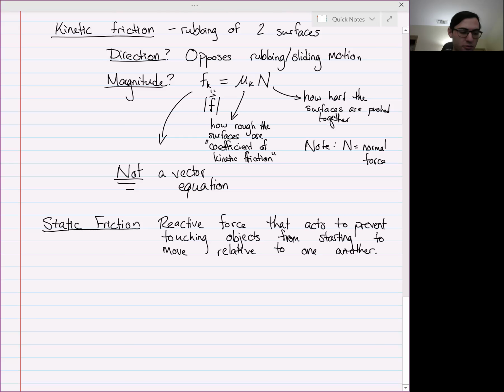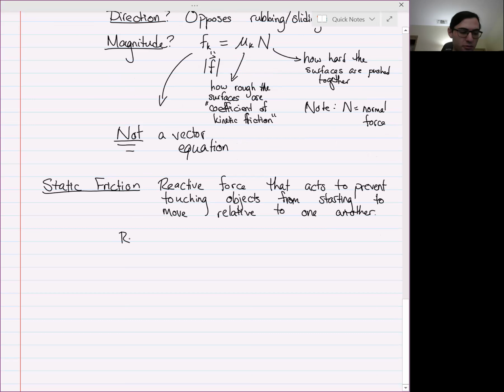So this static friction, this is that whole business with inertia that we were talking about before. So when people say inertia, what they're really talking about is the magnitude of the static friction, or the maximum value of the static friction, that it's really big. That's why it's hard to get something moving, because the maximum possible static friction is large.